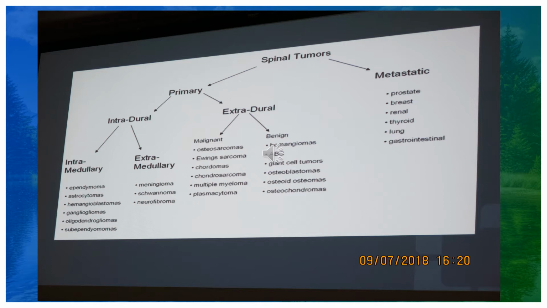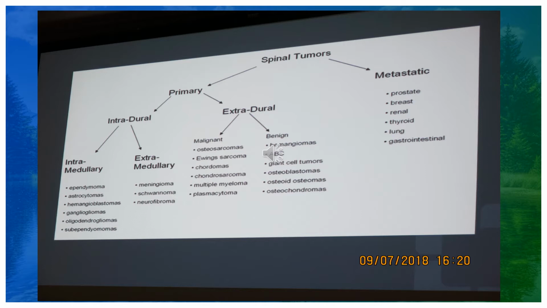Malignant extradural tumors are osteosarcomas, Ewing sarcomas, chordomas, chondrosarcoma, multiple myeloma, and plasmacytoma. For metastatic tumors, the primary site is mostly the lung first in the male and the breast in the female, followed by prostate, renal, thyroid, and gastrointestinal.